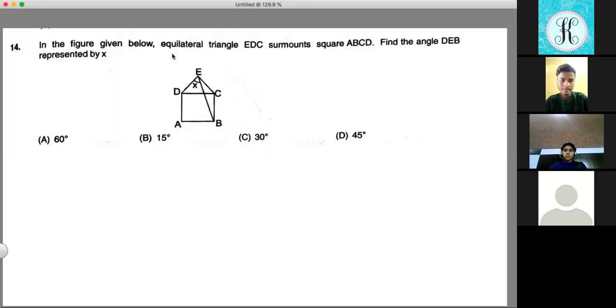So in the figure given below, equilateral triangle EDC surmounts square ABCD. Find the angle DEB, which is marked as x. So how will we do this?